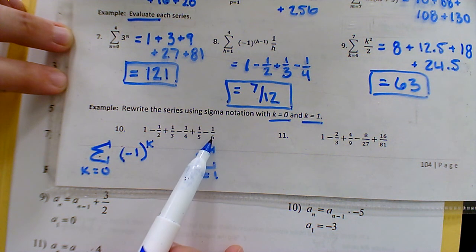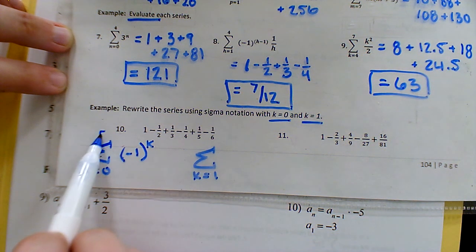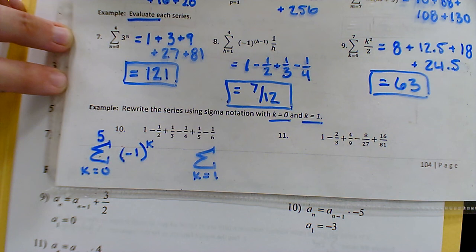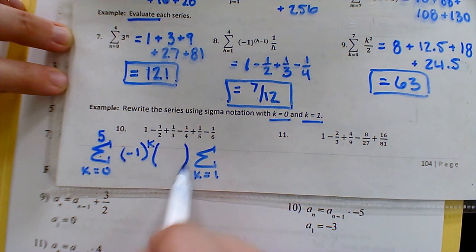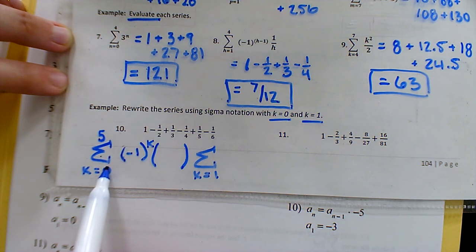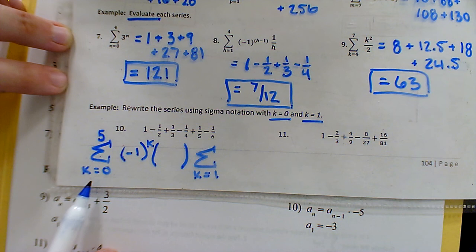Then 3, 4, 5, it looks like the ending number is 5, so that will be our top value. What can we multiply by? Do you see it, Eric?